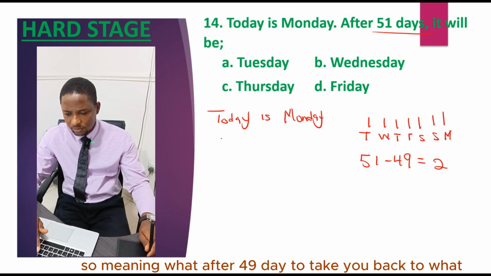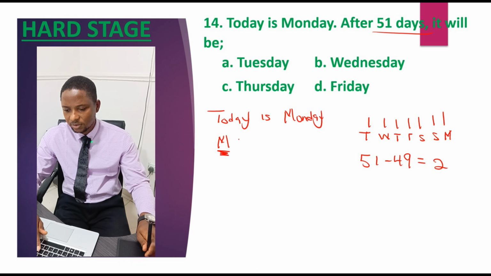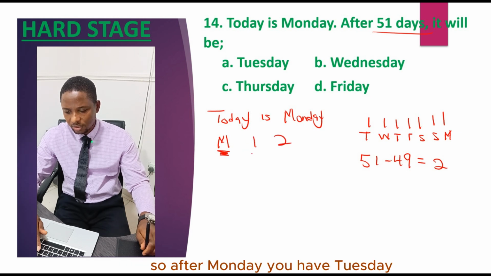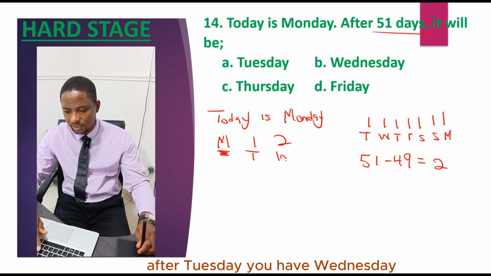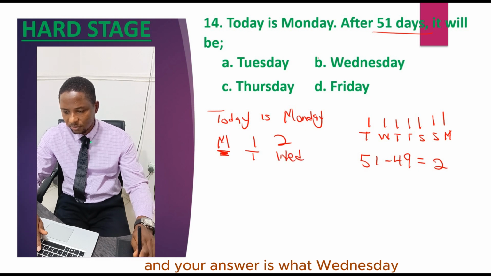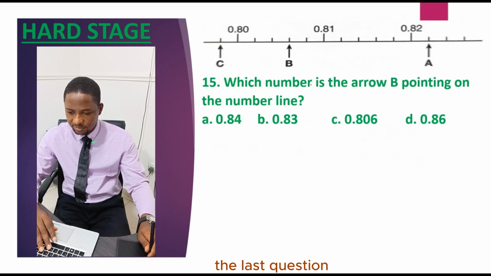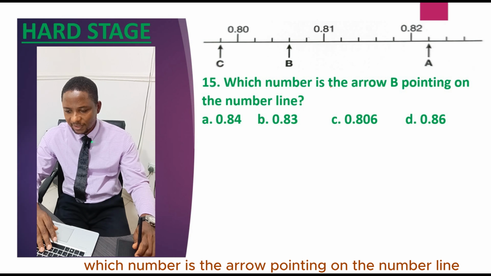So meaning what? After 49 days to take you back to what? Monday. So you just need 2 days. So after Monday, you have Tuesday. After Tuesday, you have Wednesday. And your answer is what? Wednesday.